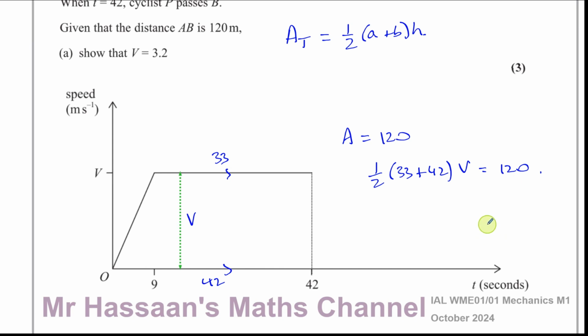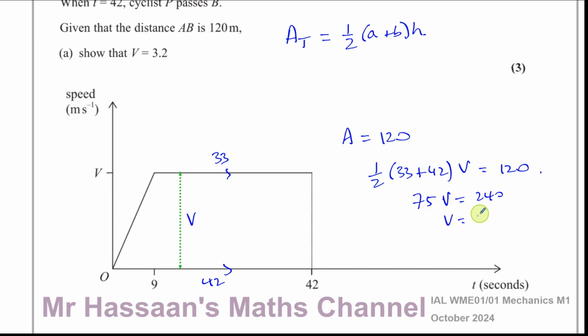So here we could multiply both sides by 2. First of all, we've got 33 plus 42, that's going to be 75. So you have 75V is equal to 240. I just multiplied both sides by 2, and that gave you 75.